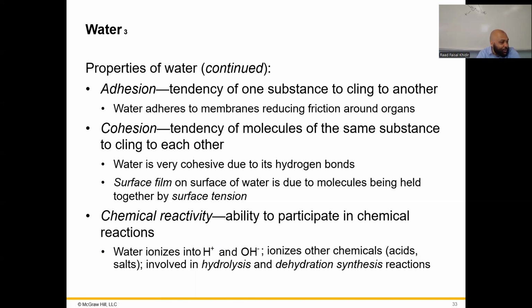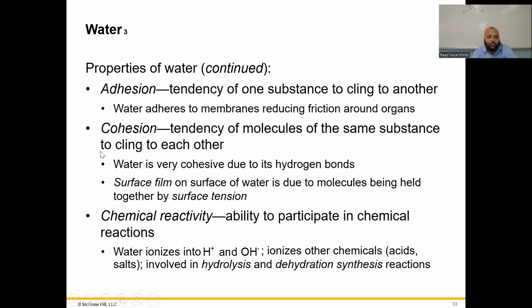Now we have finished talking about water being a universal solvent, but it has additional properties such as adhesion. Adhesion is the tendency of one substance to cling to other substances.